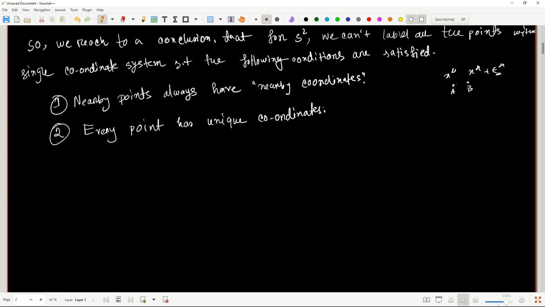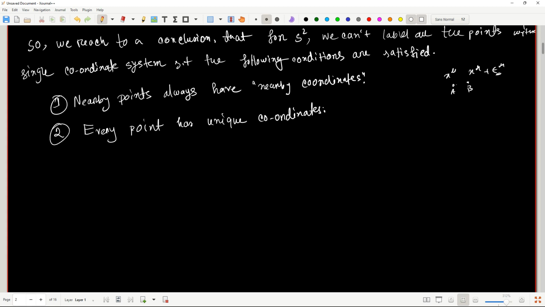So how do we get around it? Well, this is where the idea of covering the surface of the sphere with many local coordinates comes in. What we can do is choose infinitely many ways to introduce coordinates that satisfy these two requirements that we just wrote down, and we do it in such a way that any two of these local coordinates will have some overlapping region.